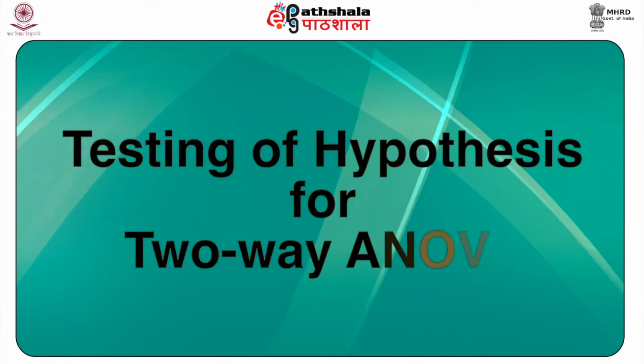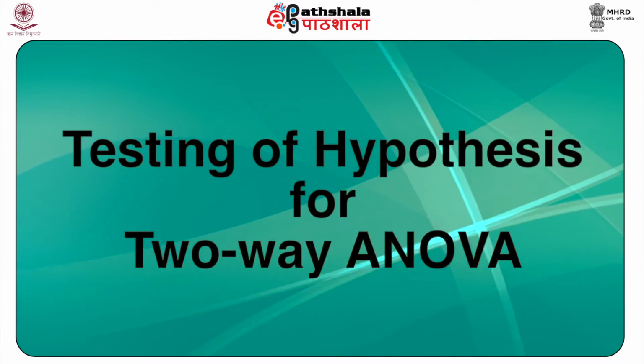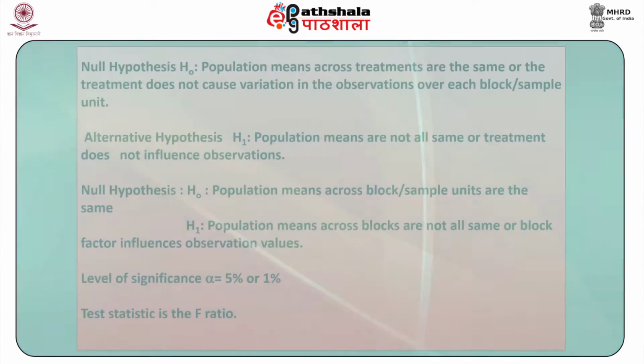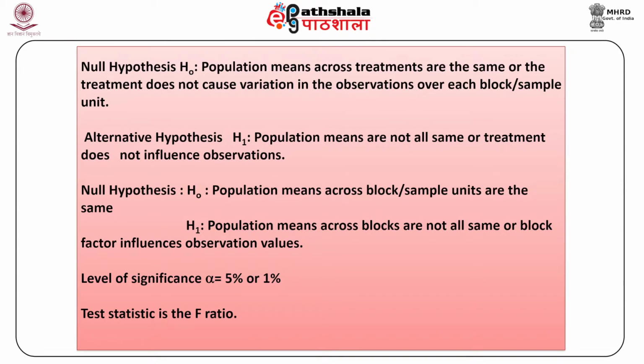So let's learn about testing of hypothesis for two-way ANOVA. The null hypothesis H0 is set up as: the population means across treatments are the same, or the treatment does not cause variation in the observations over each block or sample unit. The alternative hypothesis H1 now is that population means are not all the same, or treatment influences observations.